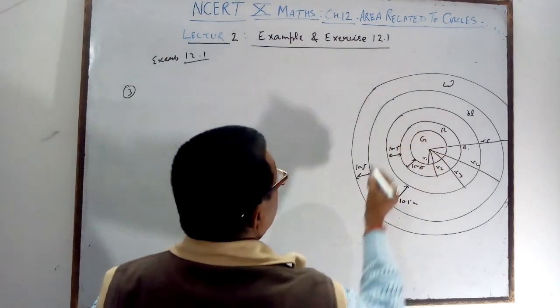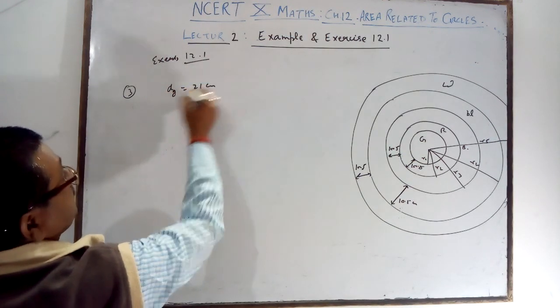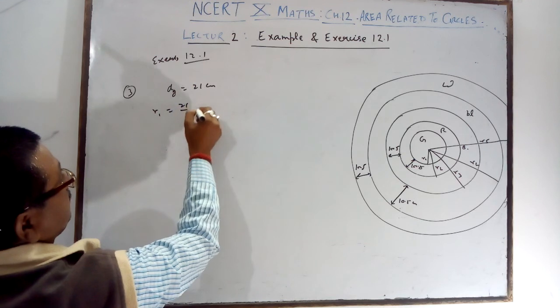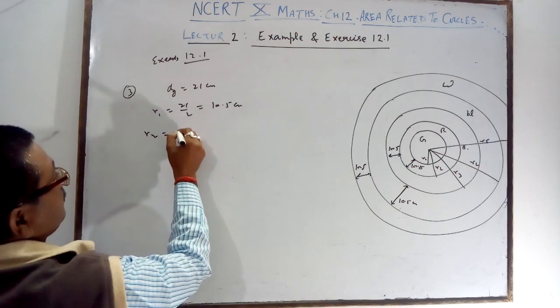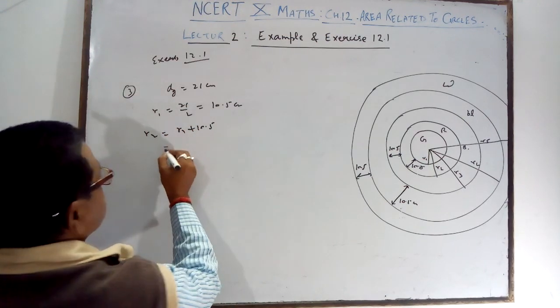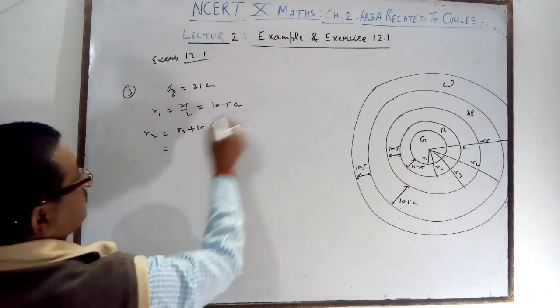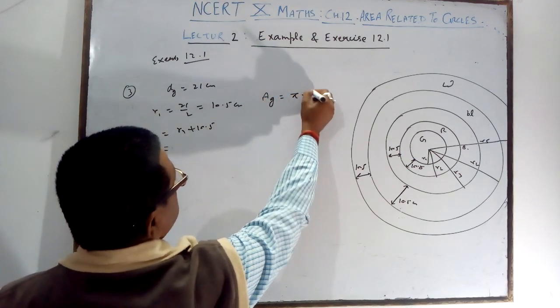So R1 is the gold. The diameter of gold is given 21 centimeter. So R1 will be 21 by 2, that is 10.5 centimeter. R2 will be R1 plus 10.5. So area of gold is equal to pi R1 square.